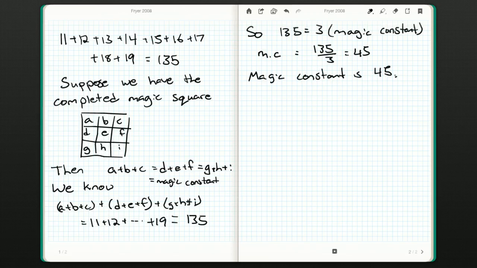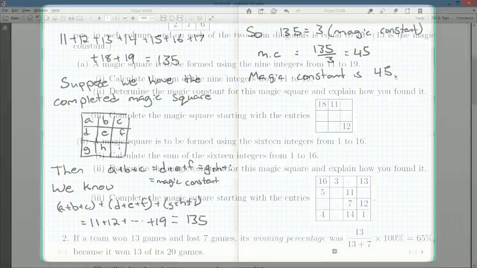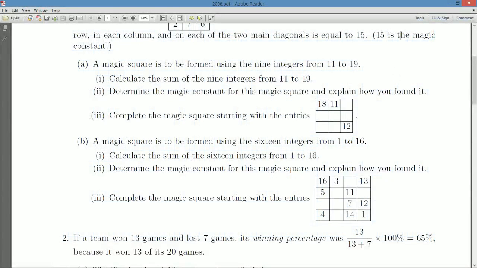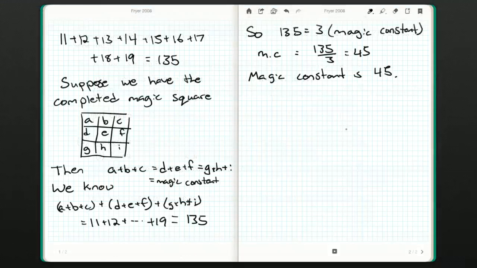And now for the last part of A, we have to complete the magic square that they gave us. Complete the magic square starting with entries 18, 11 on the first row, and then a 12 in the very bottom corner.